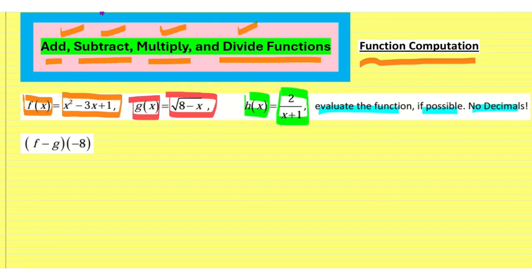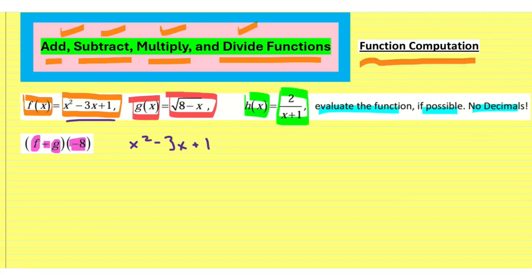Okay, so the first one says that we're going to take the f function and we're going to subtract the g function. And we're also going to evaluate it for the value of negative 8. So let's go ahead and do that. We're going to go ahead and grab our f function, which is going to be x squared minus 3x plus 1.